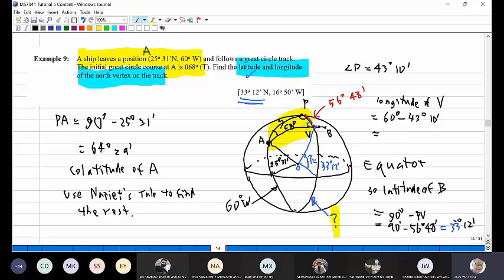So you get 16 degrees and 50 minutes, and still on the west side. Right? So this is on the west side here. Then you point out V is 16 degrees 50 minutes west, right? So this answers the whole question.